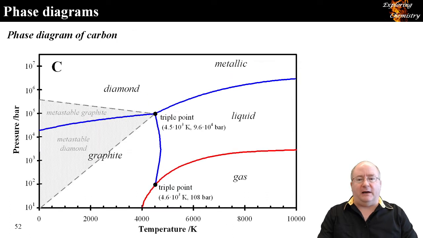for many compounds there's more than one state of solid. For example, for carbon there's diamond and graphite, so you have another equilibrium line between graphite and diamond, and we don't know where the line is between diamond and metallic, but we can produce metallic carbon as well.